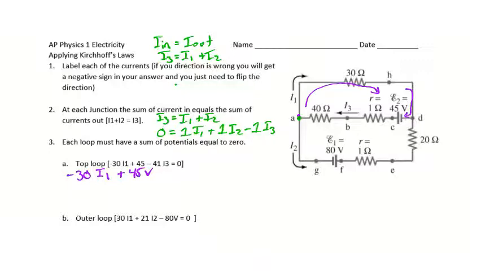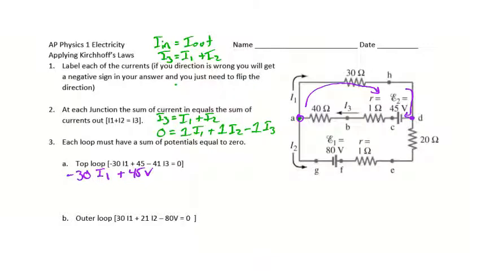Now, which current is it between points A and D? Well, this is current 3 because we have a junction here and a junction here. A junction is the only point where the currents can change, right? So you'd have multiple currents flowing in or flowing out. In this middle branch of the circuit, I1 comes in from the top, I2 comes in from the bottom, and that's what creates I3.